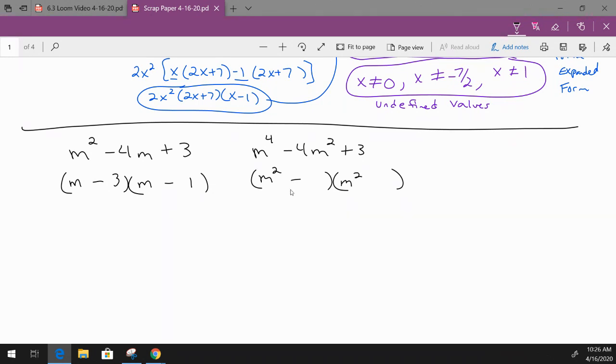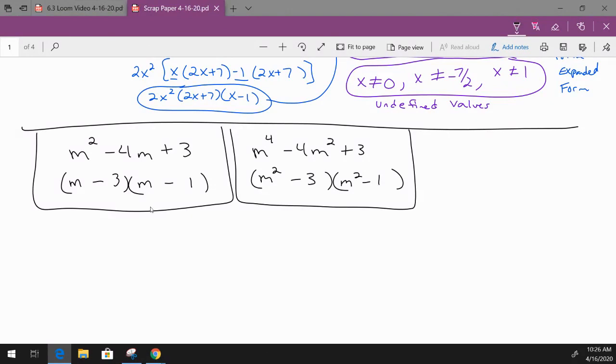But the -3 and the -1 are the same. So these basically are the same type. They're very similar in the way you factor them, but the m to the 4th and m squared is just a little bit higher degree than what you had here.